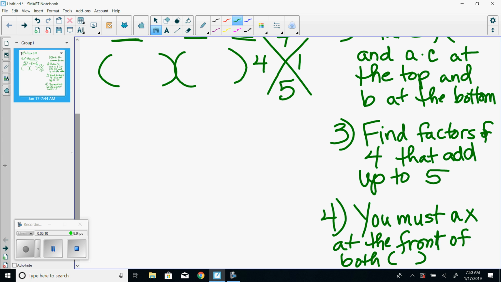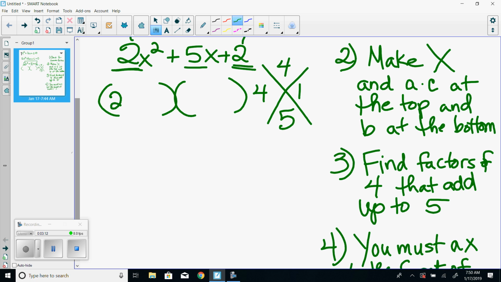So I'm going to put 2x at the front of both, which is different than what we did before. Before we just did an x.